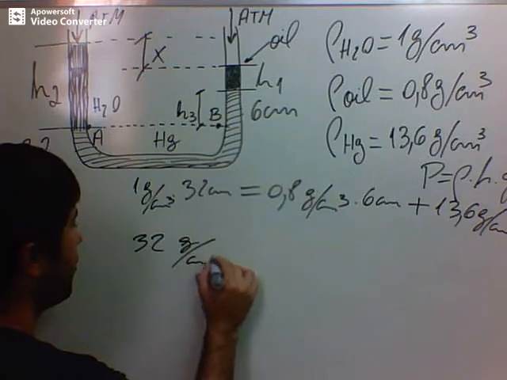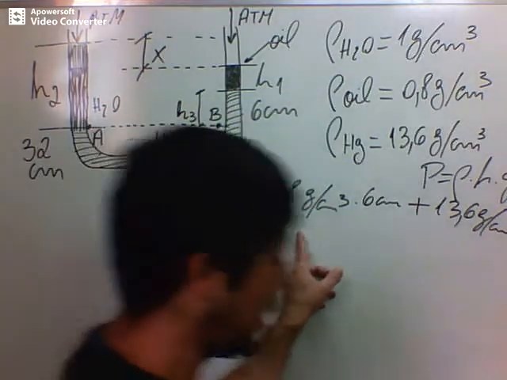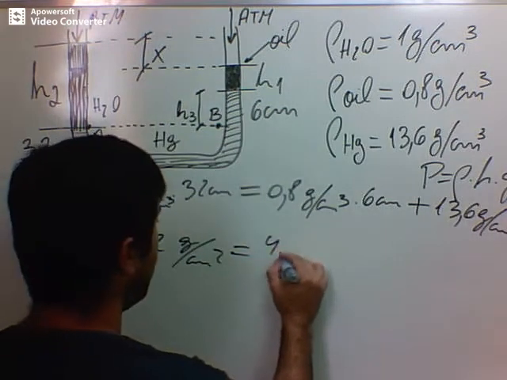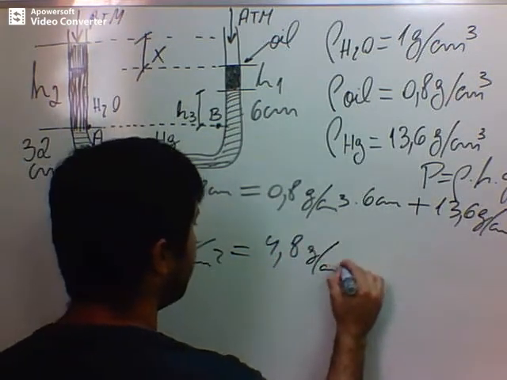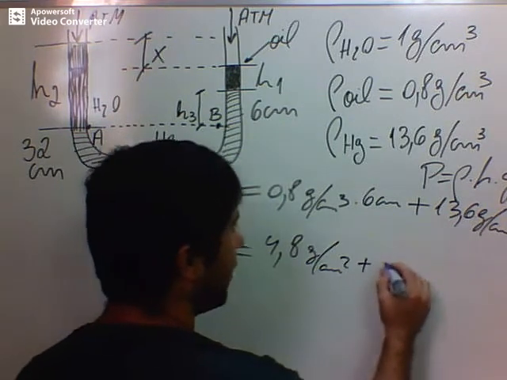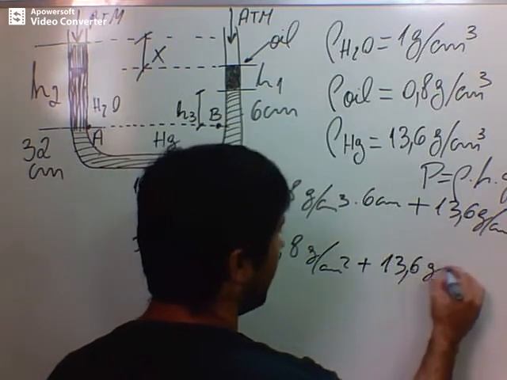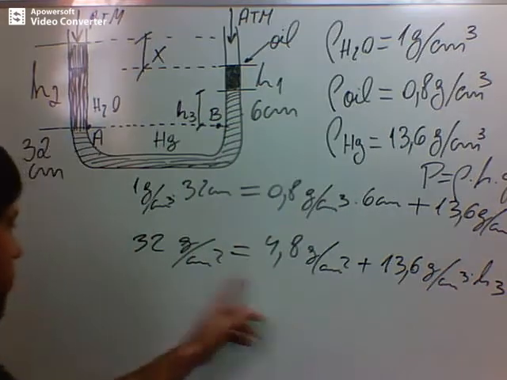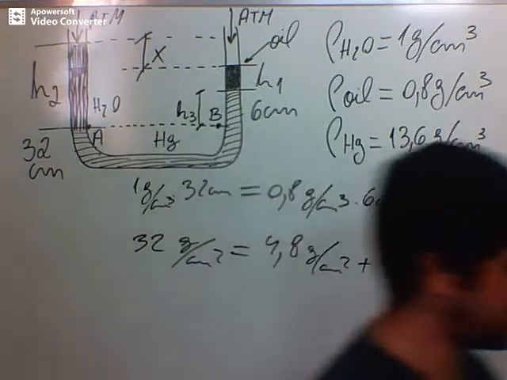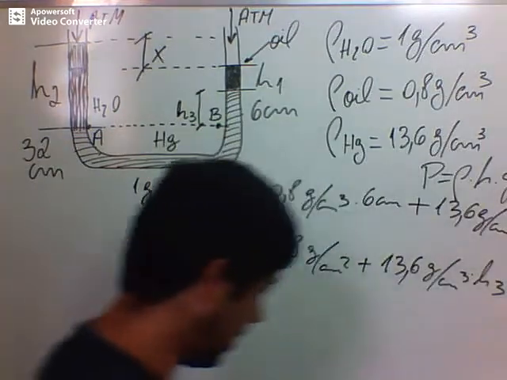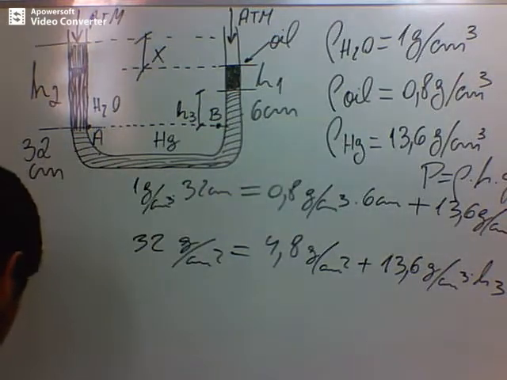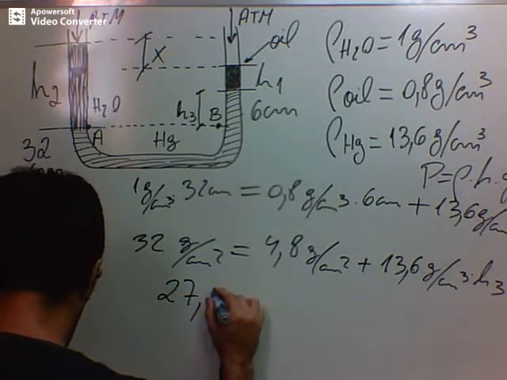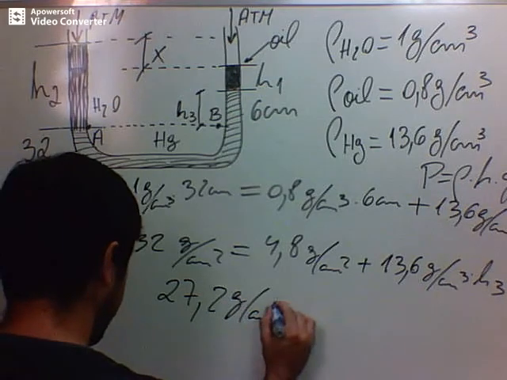Here I have 4.8 grams per square centimeter, and here I have 13.6 grams per cubic centimeter times H3. If I pass this to this side, I find 27.2 grams per square centimeter.